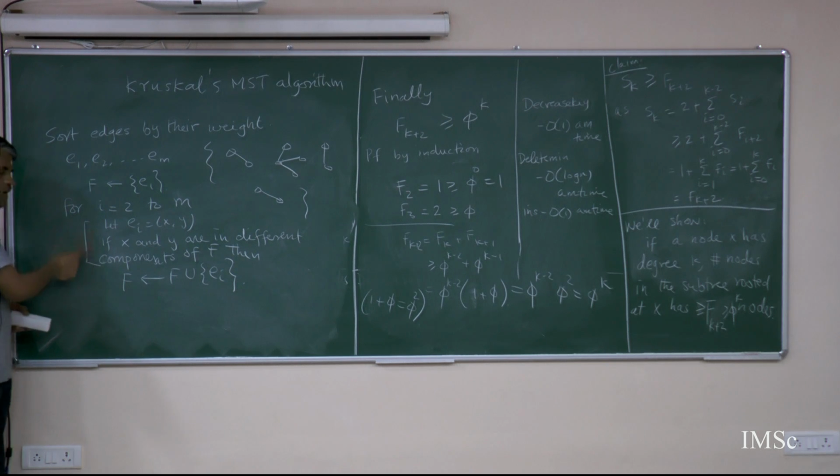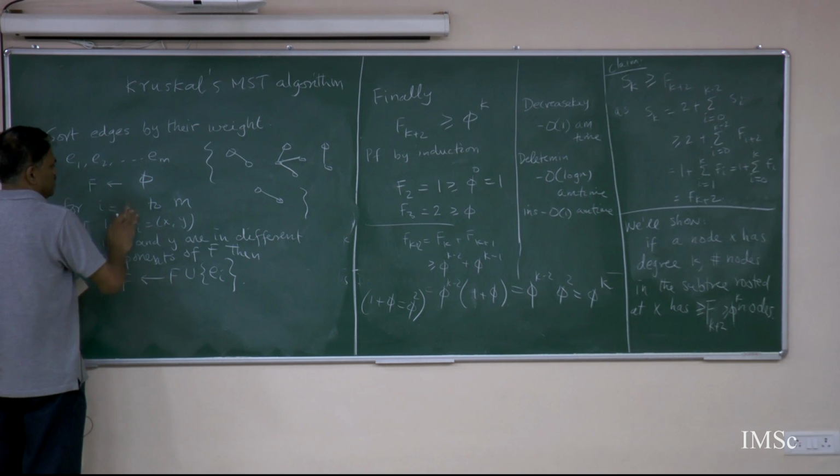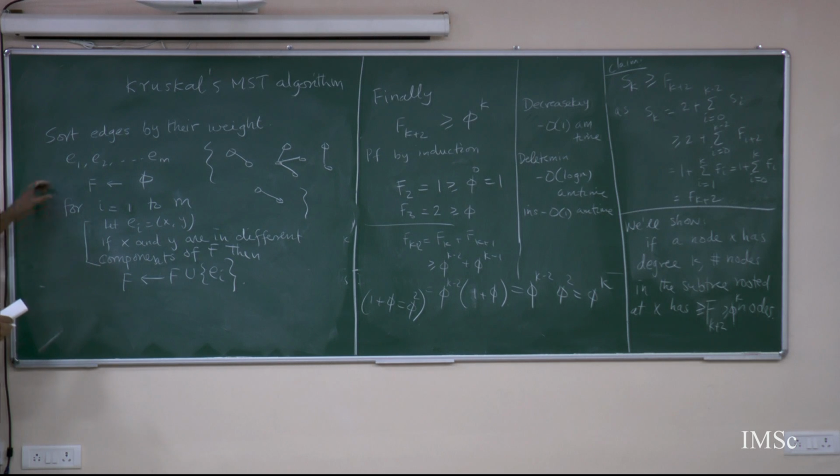For this query, all I care about is the set of vertices in each component, so that when the edge comes, I just go and check whether these two endpoints are in the same set or in different sets. So the next step of the implementation: let's even make this empty, for I equal to 1 to n. What will be the vertex set of the components when I start off?